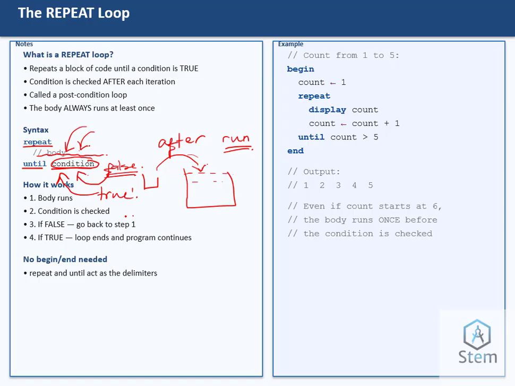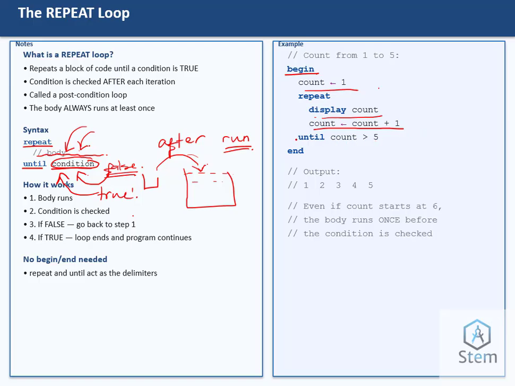All right. If you look at an example here, we begin our program. We initialize count to 1. We display count. We increment count. And we check if count is greater than 5. If it is, we stop.